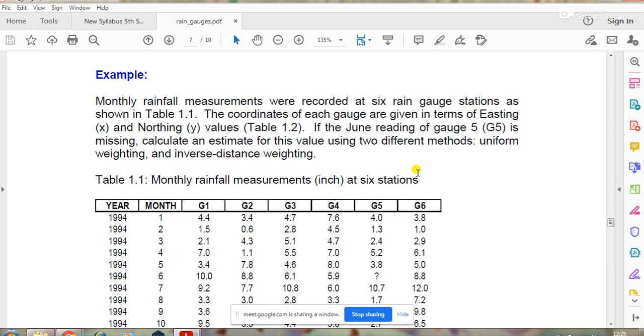Somnath, Somnath Chatterjee, can you listen to me? Anyone else? Swapnil?